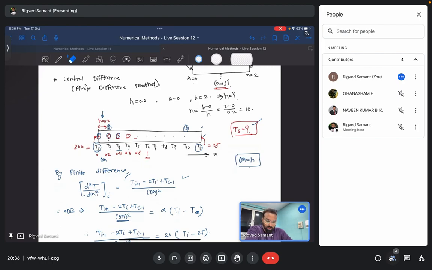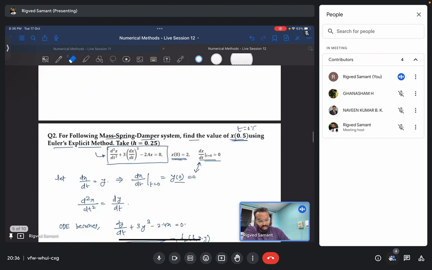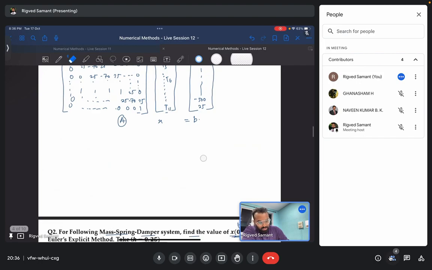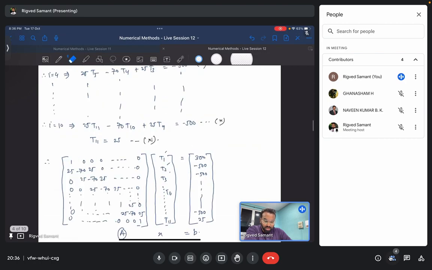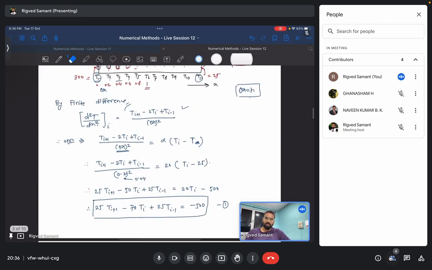So you have to characterize this. In the third case also, you want to find out up to x equal to 50. So you will go from x equal to 0, x equal to 1, x equal to 2, and then you have to decide what will be the value of h. You have to take care of that, and from that you will get the simultaneous linear equations.